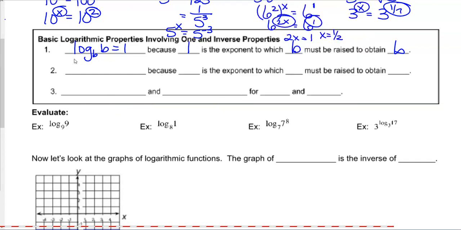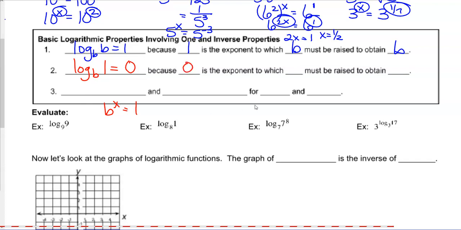Second property, if I have log base b of 1, what is it equal to? Well, I can ask myself, b to what power equals 1? This goes back to a law of exponent rule that we have to make sure that anytime I have b, a base, number, variable, whatever the case may be, to what power equals 1, I'm hoping you're screaming at me 0, because that is correct.